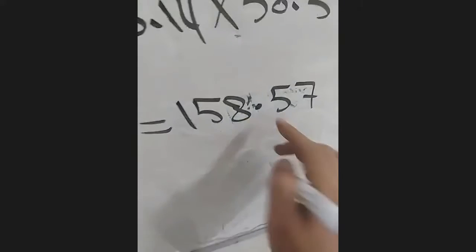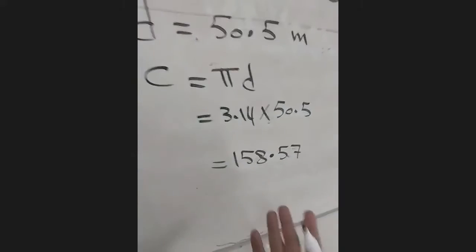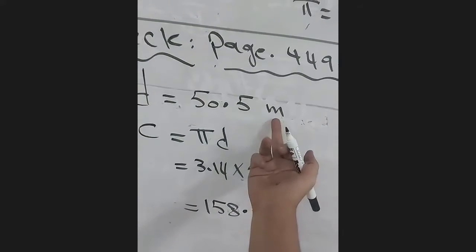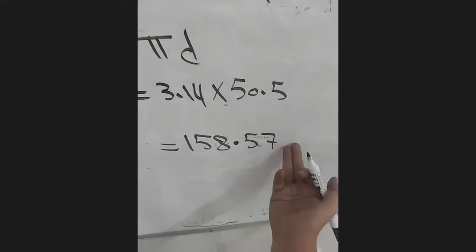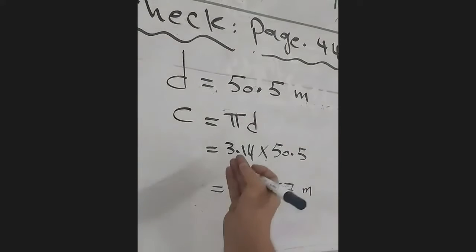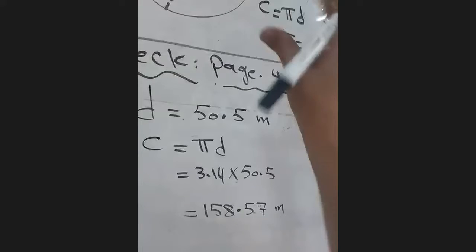Okay, guys. Now look here. What's the unit of the diameter? Meter. So here the unit will be the same, meter. This is the first note: the unit of the circumference is the unit of the diameter or the radius.